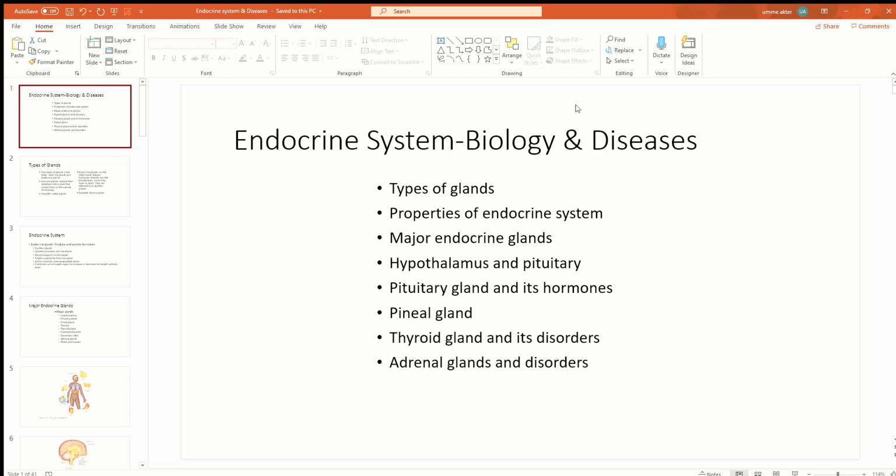So we'll talk about those two. Then we'll talk about the pituitary gland and the hormones of the pituitary gland. Then we'll talk about another gland located in the brain, that is the pineal gland and its function. Then we'll talk about thyroid, adrenal and a few other glands.